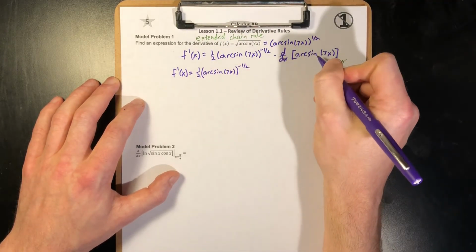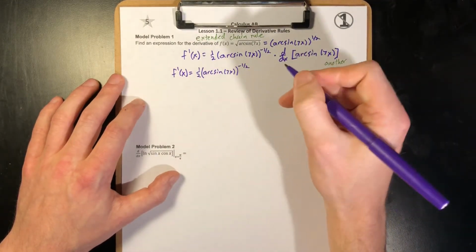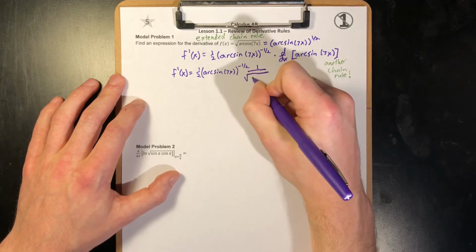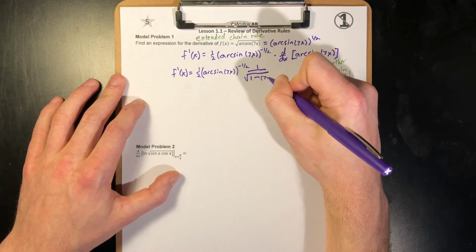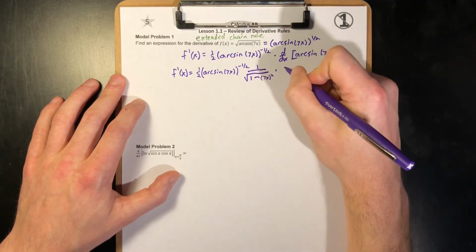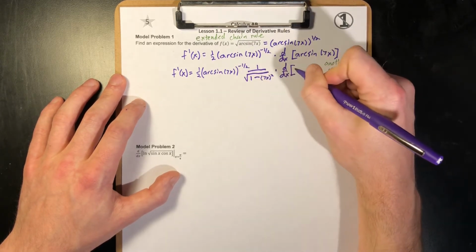And now the derivative of arcsine of 7x, if I look back on my reference sheet, I can see that's going to be 1 over the square root of 1 minus the thing on the inside, that is 7x, being squared, times the derivative d dx of the stuff on the inside, 7x.